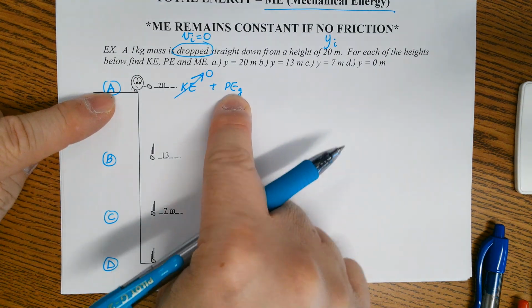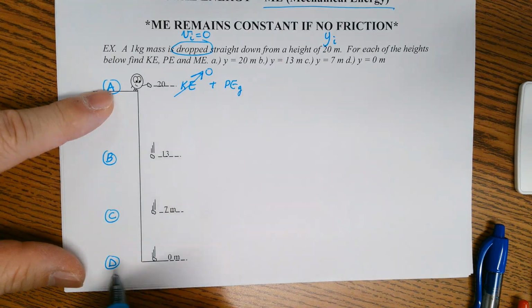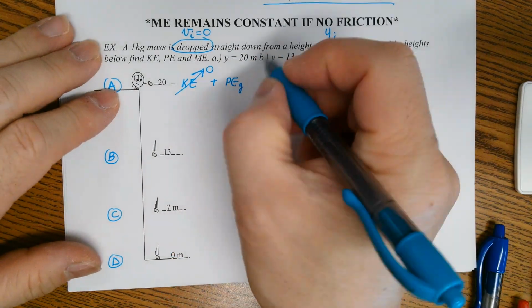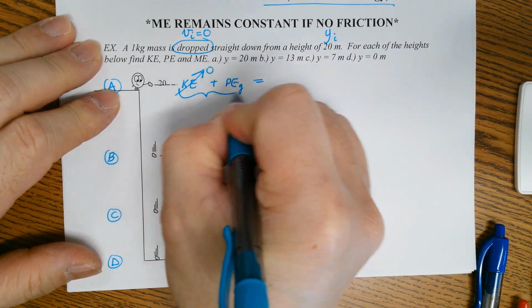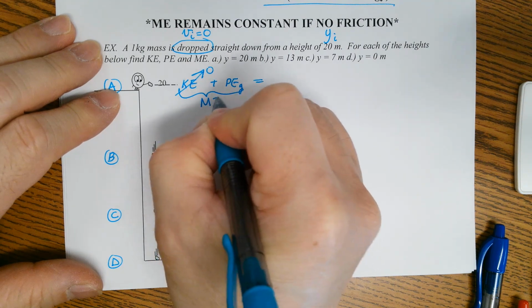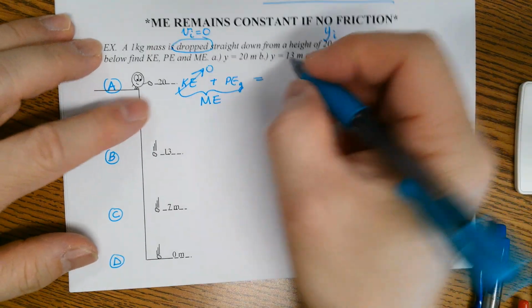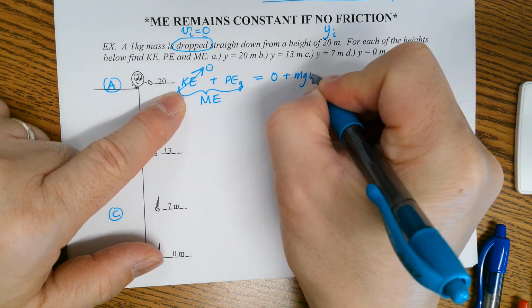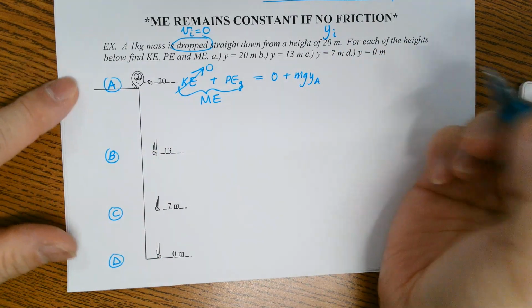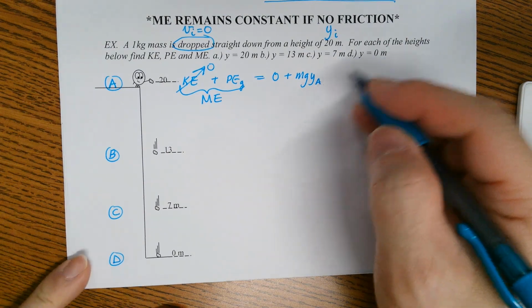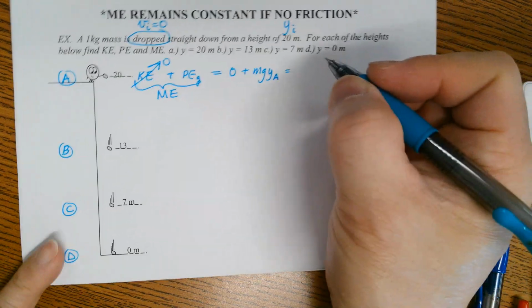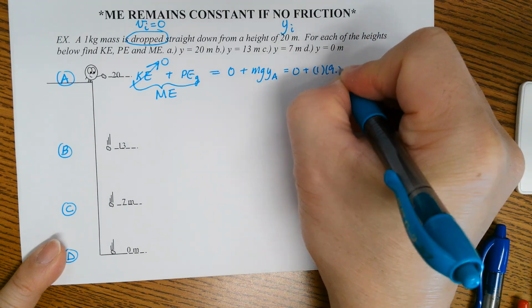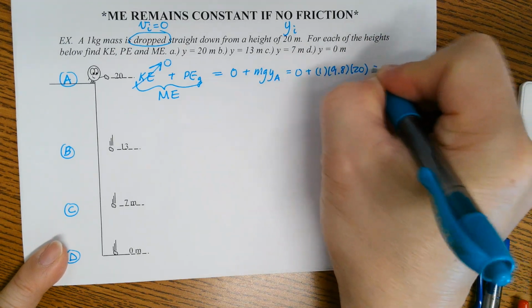Does it have height compared to the ground right here? Yes, I do have height. So this is total mechanical energy. Therefore, I have 0 plus mgy at A, which is equal to 0 plus 1 times 9.8 times 20.